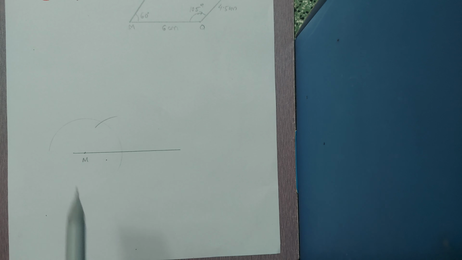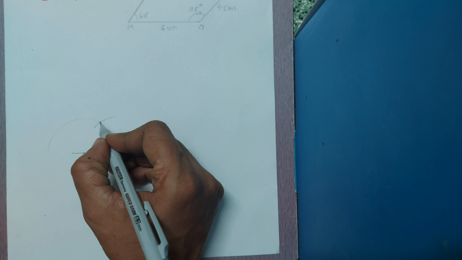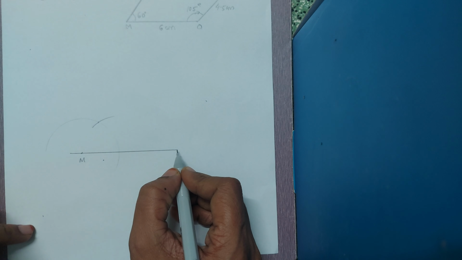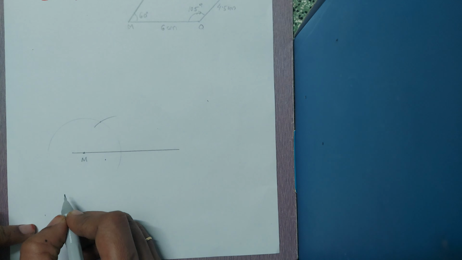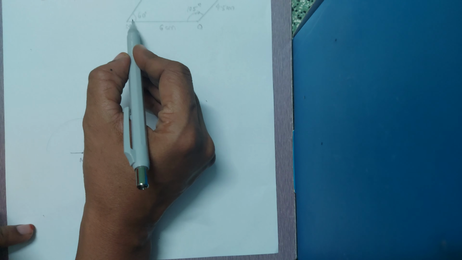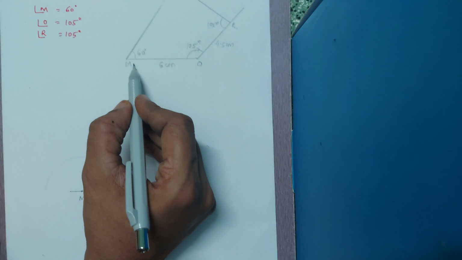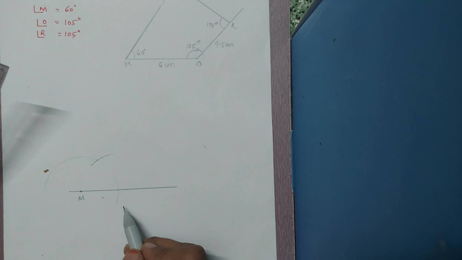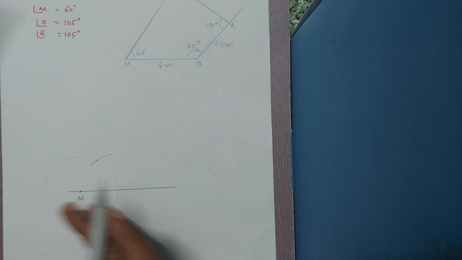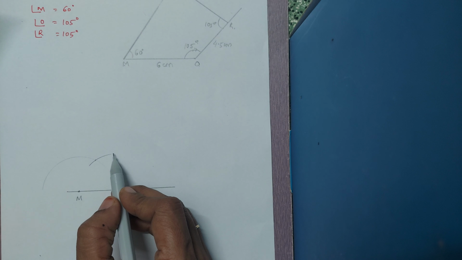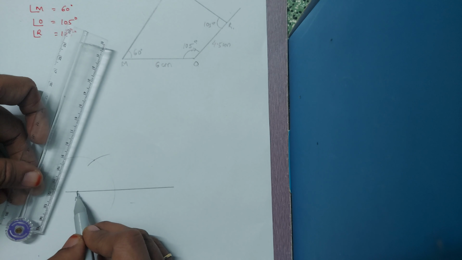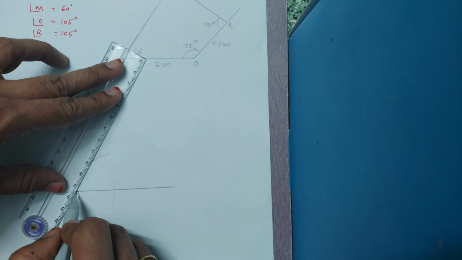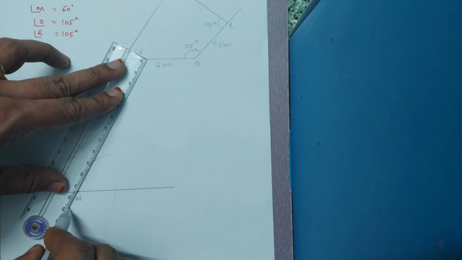This point will give us 60 degrees. So first we have drawn a line, marked point M, and angle M is 60 degrees from our rough diagram. I have constructed a semicircle using a convenient radius, and cutting the semicircle gives a point. This is construction of 60 degrees, which we saw yesterday.